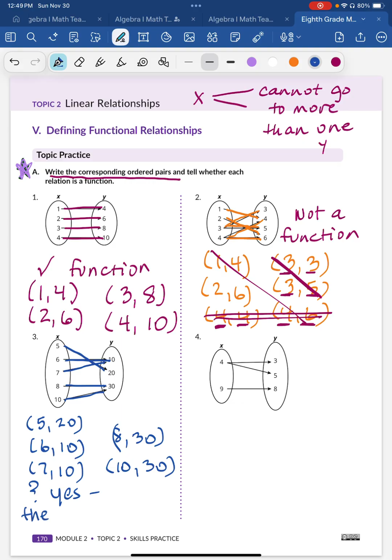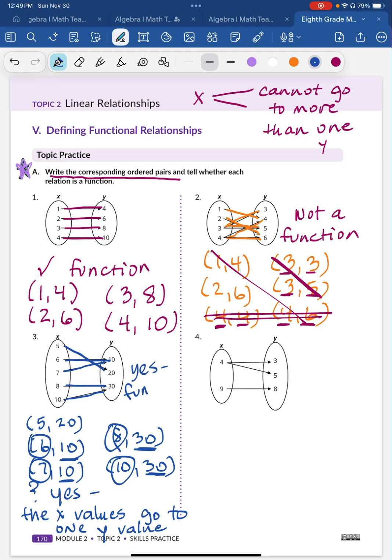The x values go to one y value. Now we see that the y's repeat. That's okay, as long as they're with a different x, and they are all with a different x, so that's okay. So yes, it is a function.